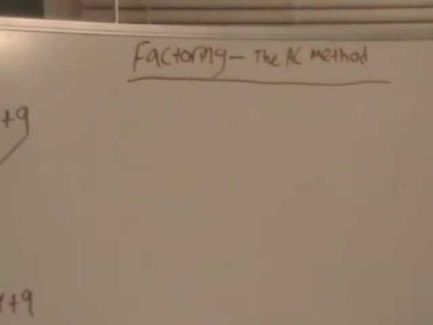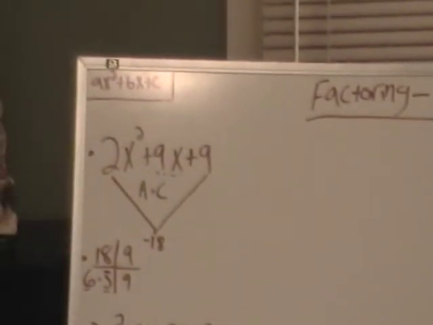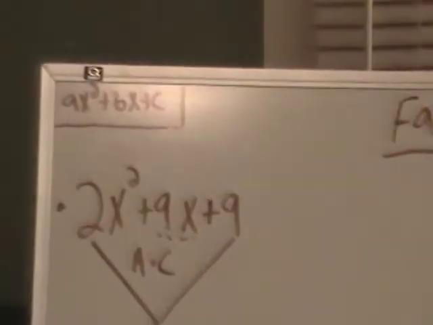If you've taken any algebra class, whether it be algebra 1 or algebra 2, this might look a little bit familiar to you. If you look at this, ax squared plus bx plus c, in quadratic form, this is your standard form.